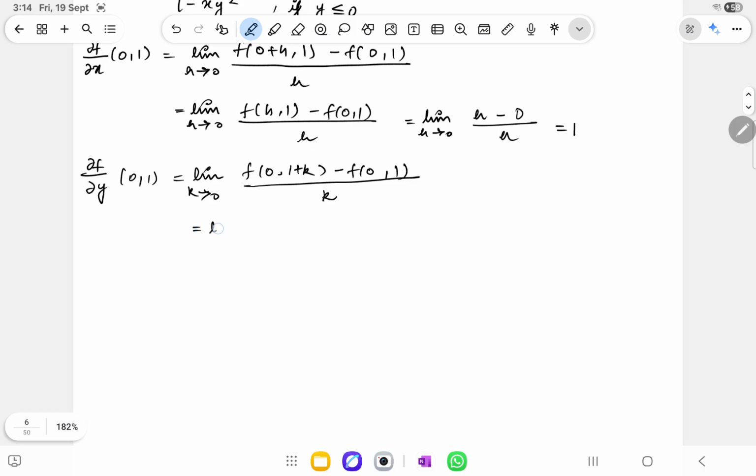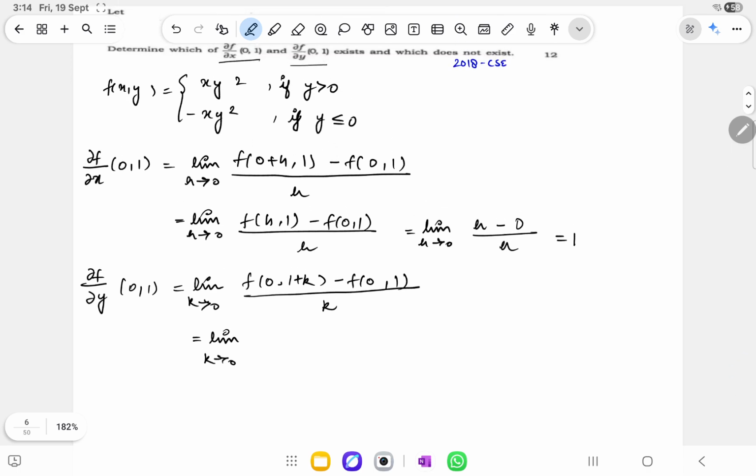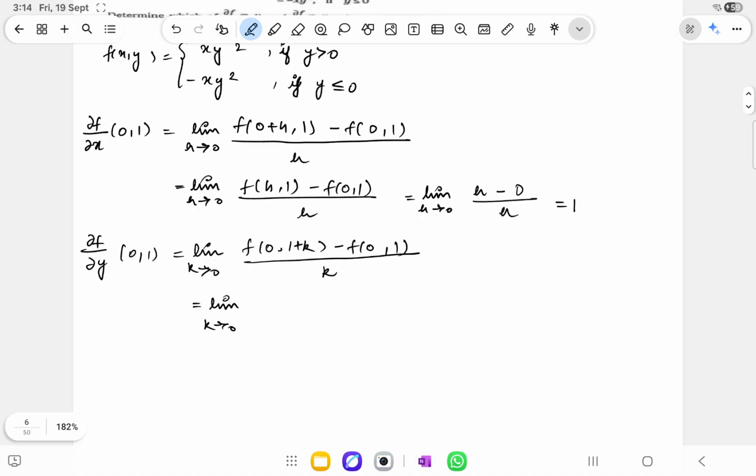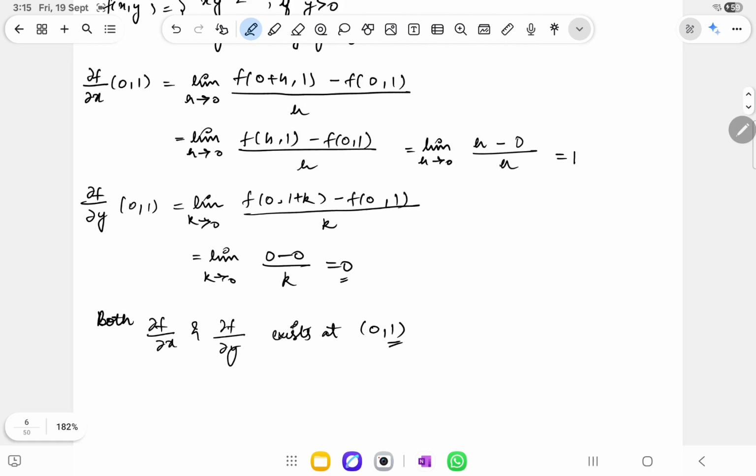Here f(0, 1 plus k) is 0 and f(0, 1) is 0, so it is 0 minus 0 divided by k, which equals 0. So both of them exist but they are not equal, so both del f by del x and del f by del y exist at (0, 1). We are supposed to check their existence only in this question.